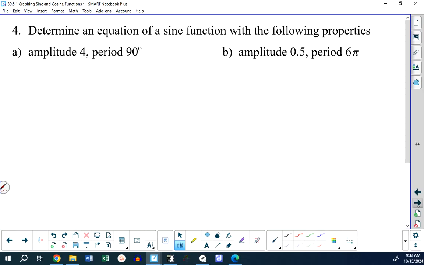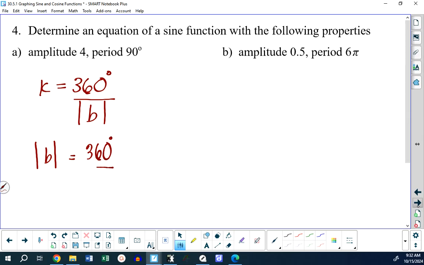Determine an equation of a sine function with the following properties. Amplitude of 4, period of 90 degrees. Well, that means, well, I want to talk about this. I need to talk about this. Do you agree that this is the case? This is one of the things we've learned. I want you to note that if you rearrange this for the parameter b, it's the same kind of relationship.